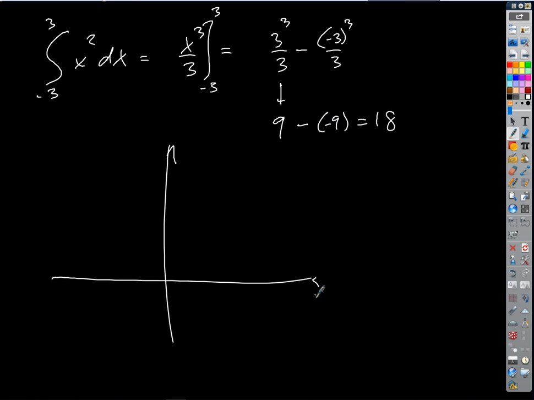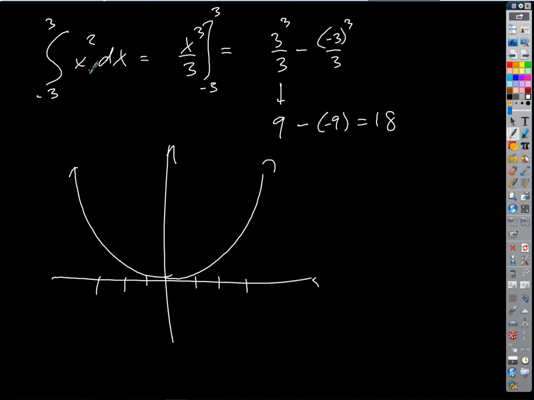Here's a little trick you can do. If we take a function like x squared, what's significant about x squared? Why did I pick x squared? It's symmetrical. Okay, what kind of symmetry? What's the name of that? Around the y-axis. Okay, but we have a simpler name for that, right? Even symmetry.